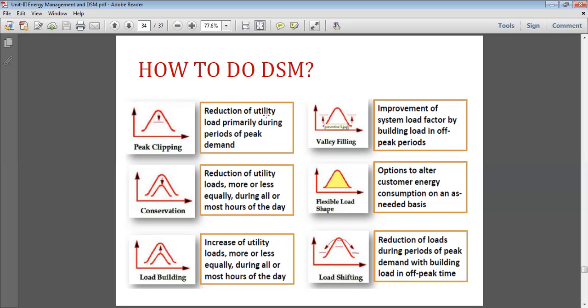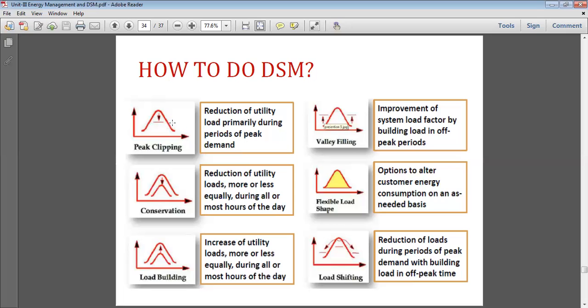So peak clipping is the reduction of the utility load during the period of peak demand. It may be the consumer load, or it may be the generating power plant load, and it is called peak clipping. Similarly, the second is valley filling. Here this is the peak, this is the hill, and this is the valley.